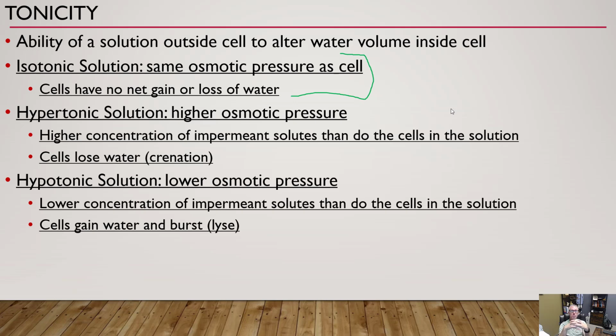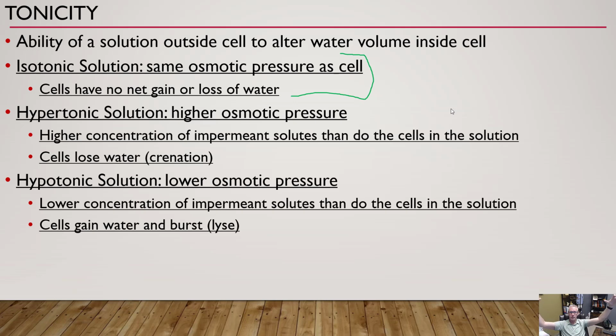In a hypotonic solution, we're going to have a lower osmotic pressure. We have a lower concentration of impermeate solutes in that blood plasma compared to the cells. So we have more osmotic pressure inside the cells.